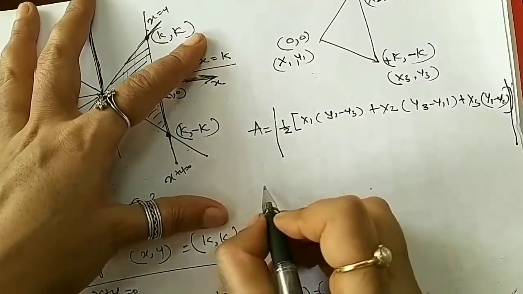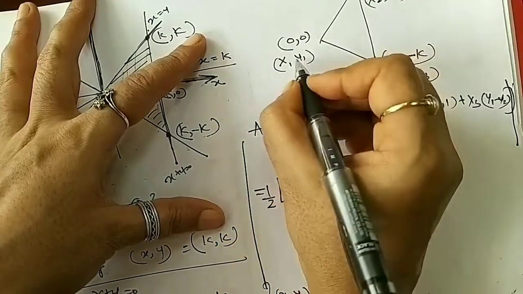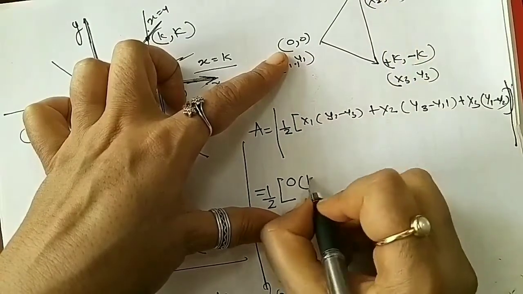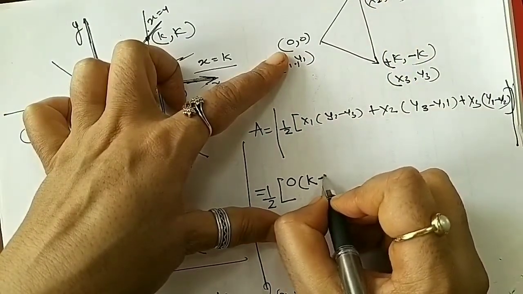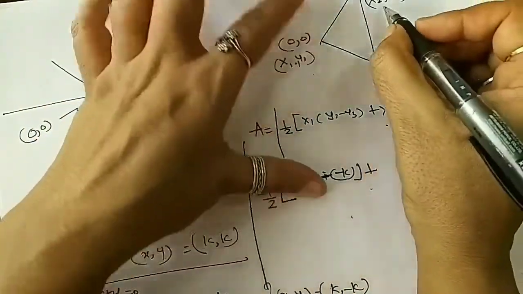Okay, so let me put the values. It will be 1 by 2 times x1, which is 0, into y2 minus y3, which is k minus k, then plus x2. What is x2 guys?